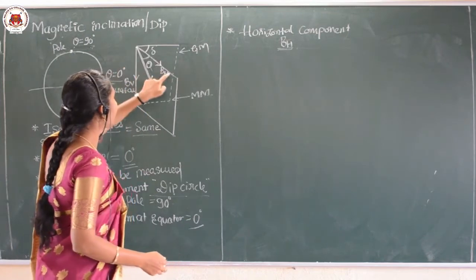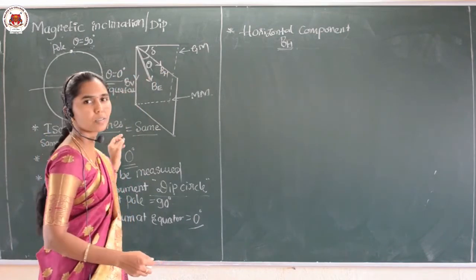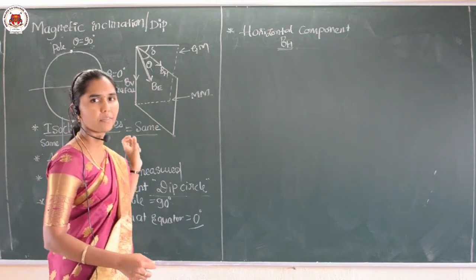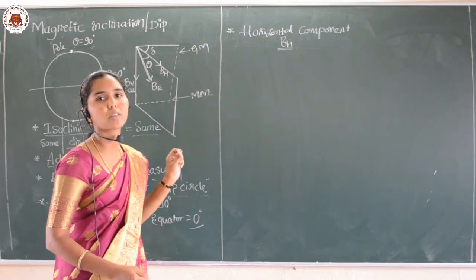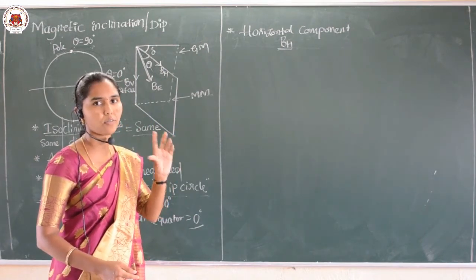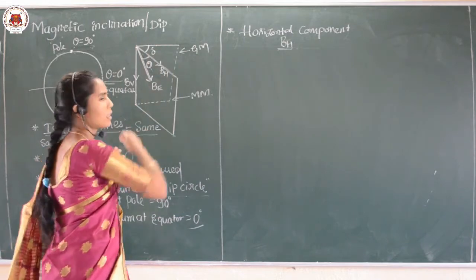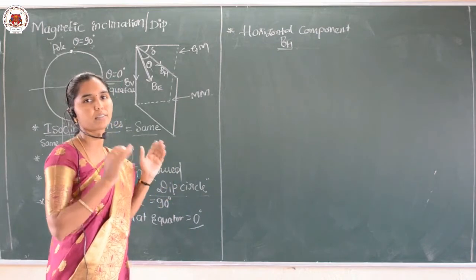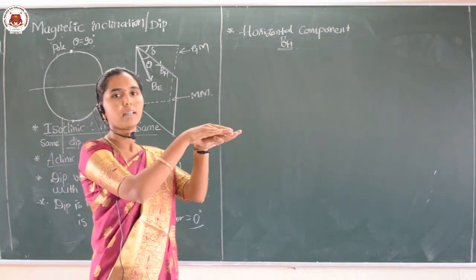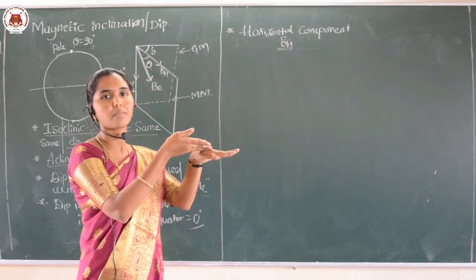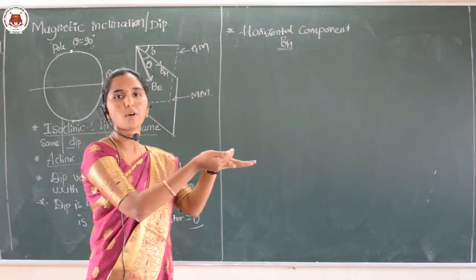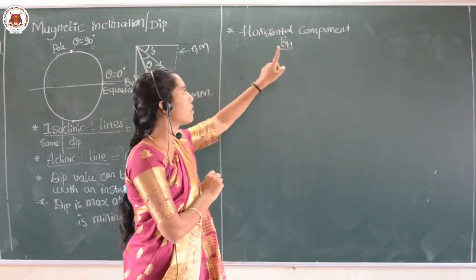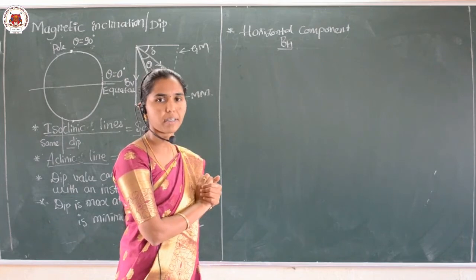It is the component of the total earth's magnetic field with respect to the horizontal surface of the earth, along the horizontal line of the earth. This horizontal line of the earth is nothing but the component of the total earth's magnetic field, so we call it the horizontal component of the earth's magnetic field.